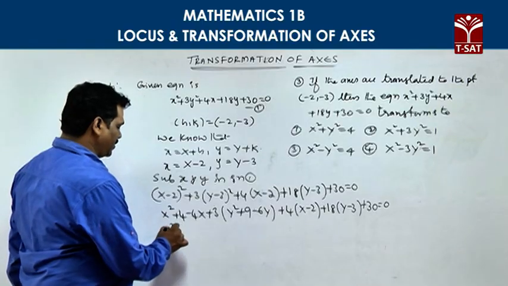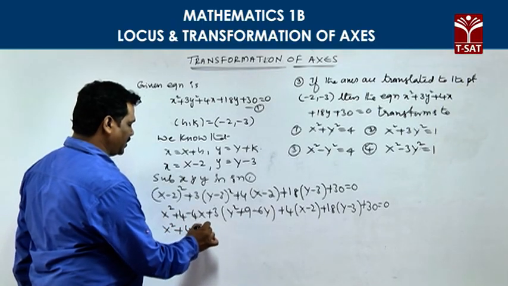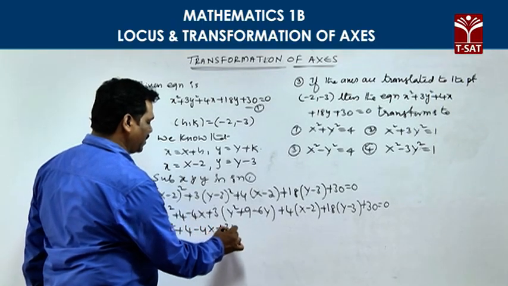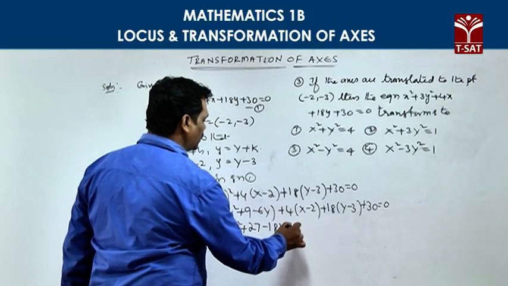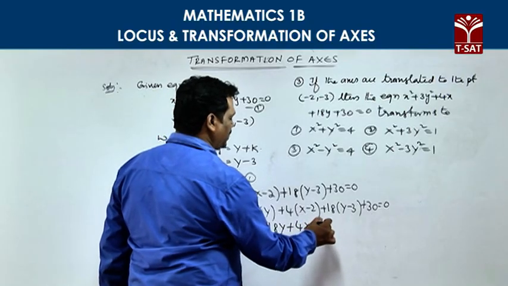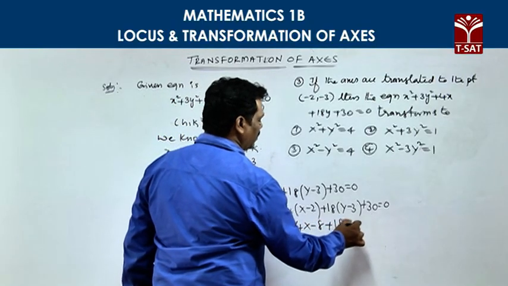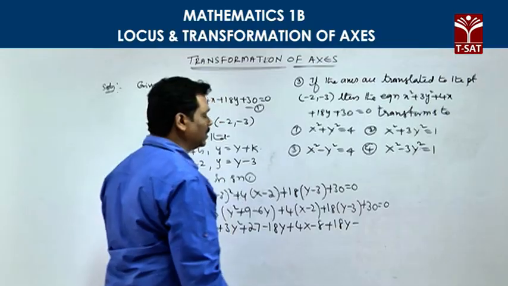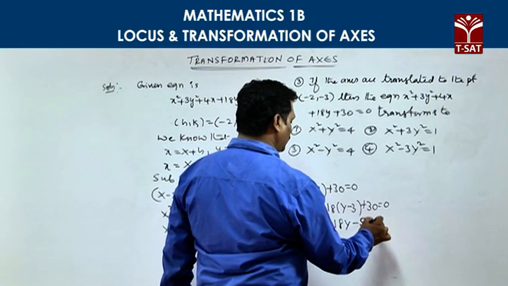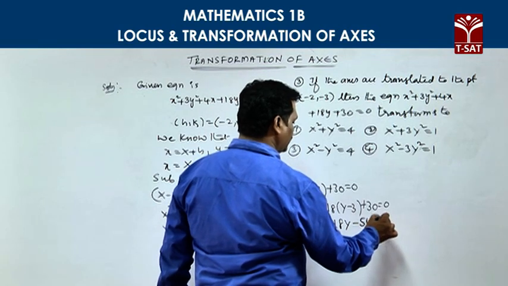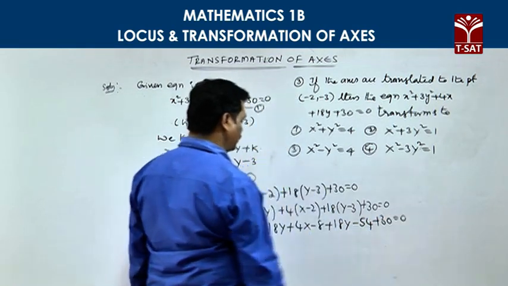So here X² + 4 - 4X + 3Y² + 27 - 18Y + 4X - 8 + 18Y - 54 + 30 = 0.